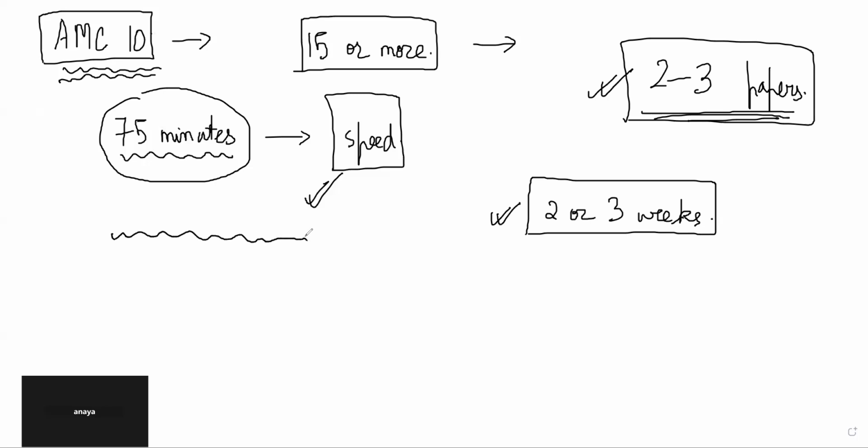Thursday's class will be number theory as usual, but right now focus on trying as many papers as possible. The three documents that I have given, try to finish every question by next week, okay? And see what you're able to get.